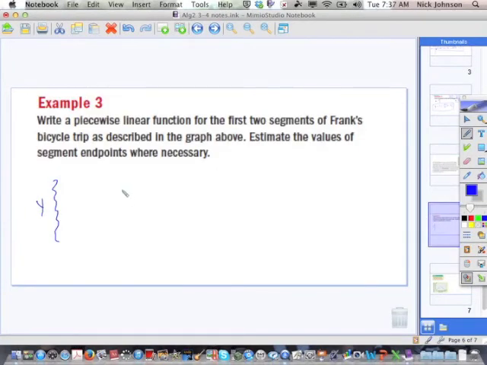We're going to use one equation from 0 to 45 minutes and the other from 45 to 60.